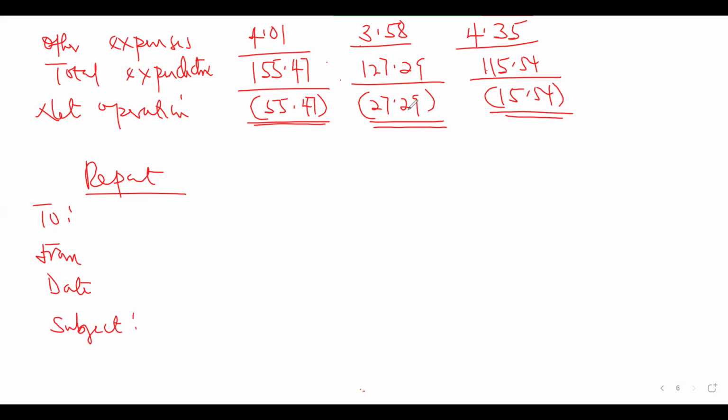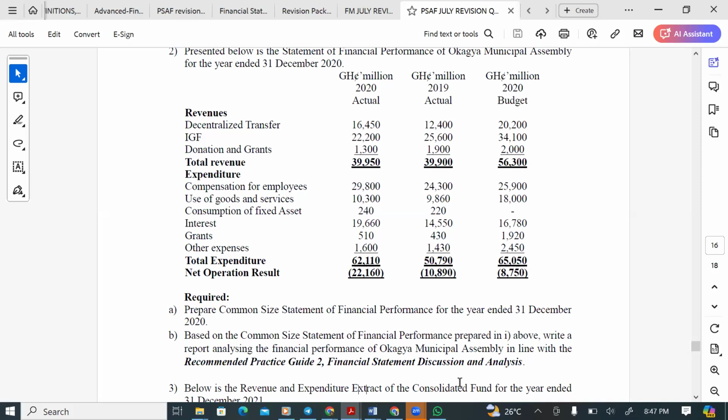The subject will be the analysis of the performance. Based on this one, write a report analyzing the financial performance of these people. So it will be the financial analysis of the financial performance of Okaja Municipal Assembly.